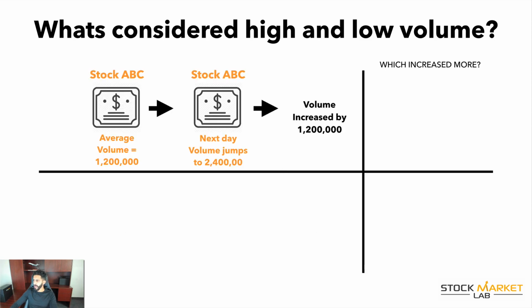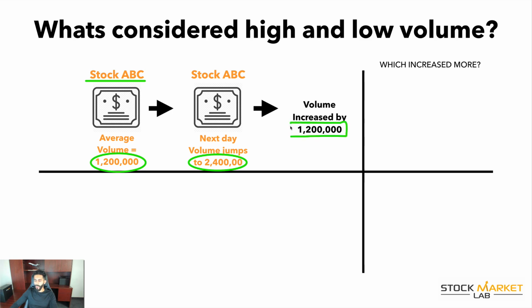But now looking at stocks with higher and lower volume, this is what you have to understand. So let's say we look at stock ABC. The average volume for stock ABC is 1.2 million. Let's say one day or the next day, volume jumps to 2.4 million. So volume increased by how much?